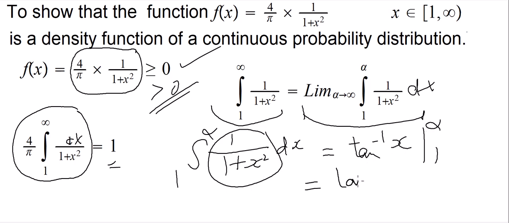So what we get is that the value is tangent inverse of alpha minus tangent inverse of 1. And tangent inverse of 1 is how much? That's pi over 4.